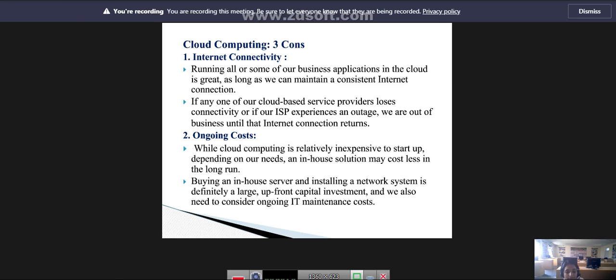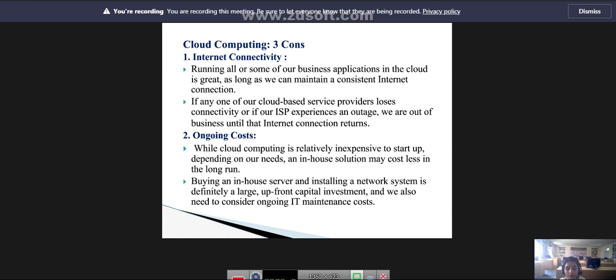The choice we make may depend on whether we have a lot of startup capital to invest in a private network. We should be sure to compare all the costs for supporting both an in-house server and a cloud-based server to see which option works best for our situation. So this is called the ongoing cost.